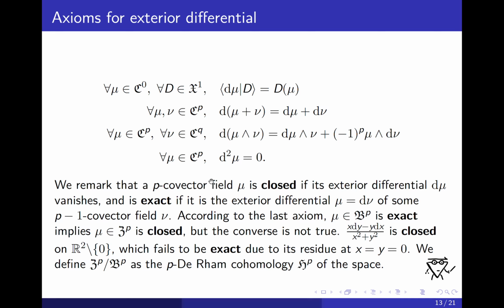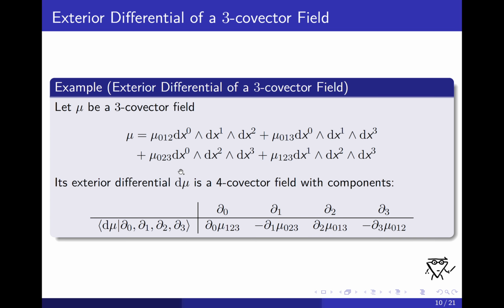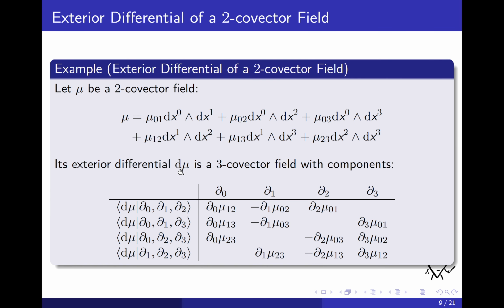And the last one is a topological requirement, that we require that for all p covector field mu, the double exterior derivative is 0. We call this axiom the exactness axiom, and you can really see this exactness axiom.